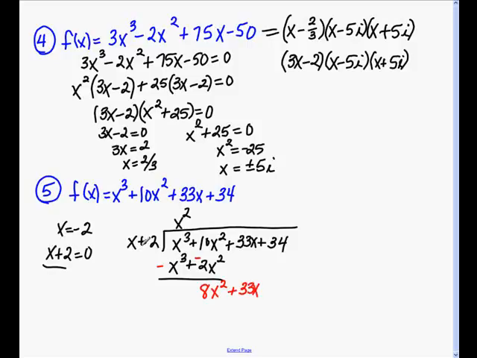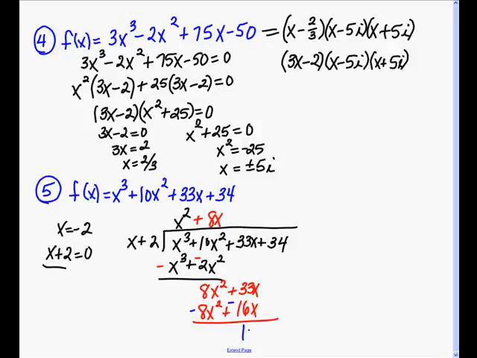So we would have 10x squared minus 2x squared, which is 8x squared, plus 33x. So that would give us what? x into 8x squared plus 33x is plus 8x, right? So 8x times x is 8x squared, plus 8x times 2 is 16x.